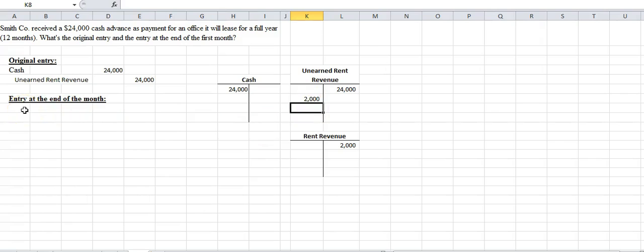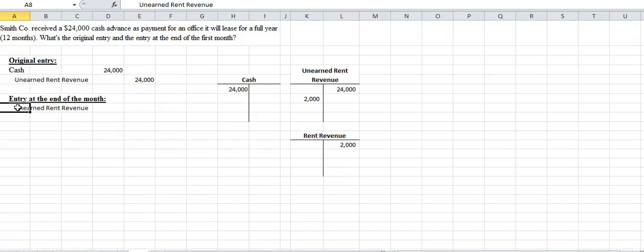So the entry is going to be, you're going to lower your unearned rent revenue by $2,000 and you are going to go ahead and recognize rent revenue, because now you've earned it, by $2,000. Okay? You're going to do that every month until you've earned your full $24,000, right? So you're going to do that for 12 months.